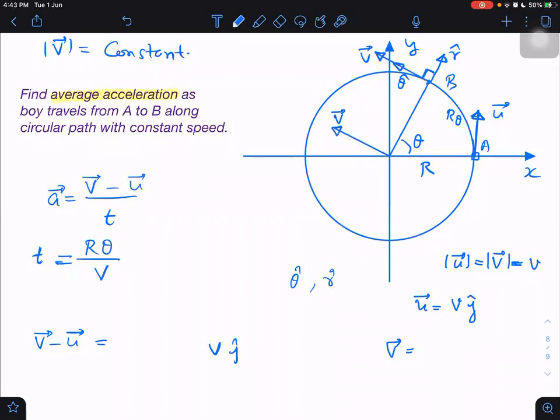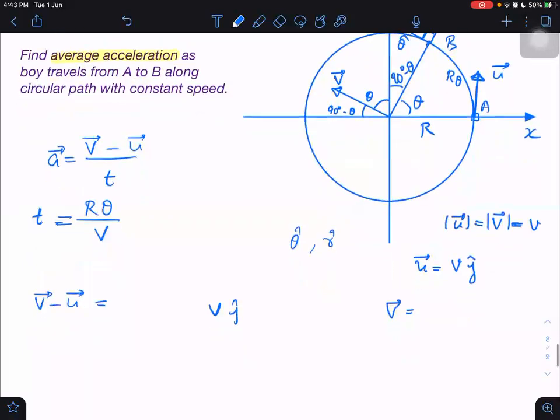So if it is 90 minus theta here, 90 degrees minus theta, and this will be theta, then this will again become 90 degrees minus theta.